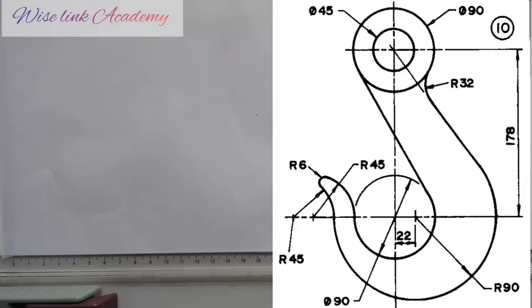I'm given a diameter of 90, that becomes a radius of 45. 32 becomes a radius of 16. So I'll divide all the dimensions by 2.